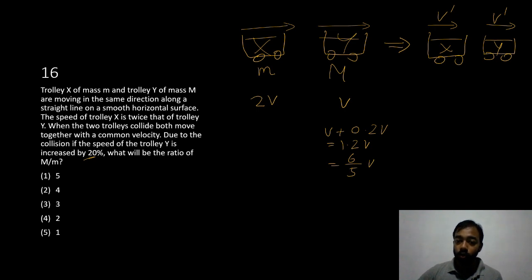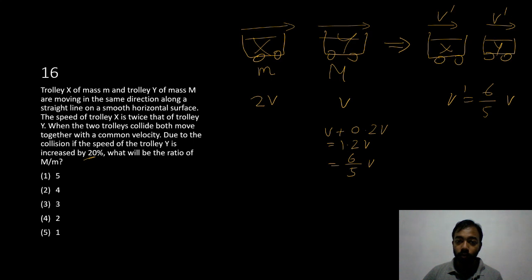This will be the final velocity of trolley Y. In the previous statement they say when the two trolleys collide, both move together with a common velocity. So v dash is equal to 6 over 5 v. They are asking what will be the ratio of capital M over simple m.